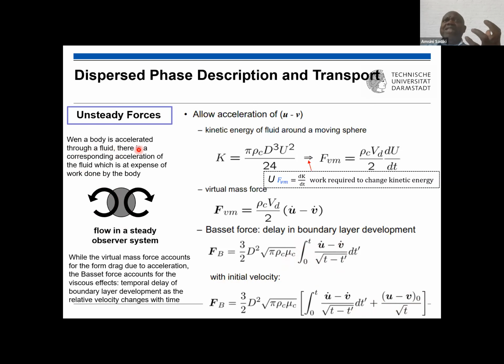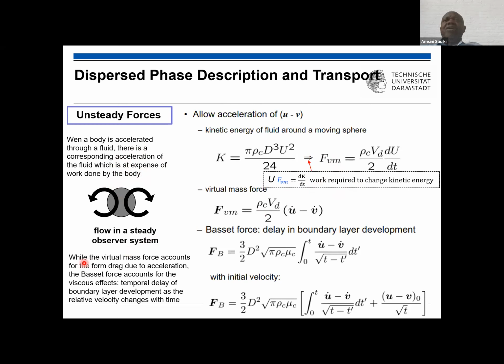When a body is accelerated through a fluid, there is a corresponding acceleration of the fluid around this body, which is an expense of work done by the body. It is this work here done by the body, and this is the first aspect.